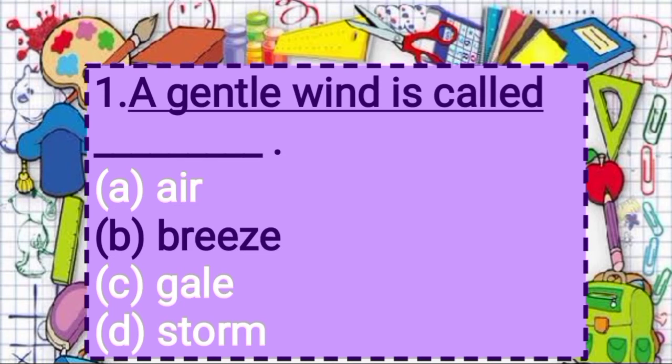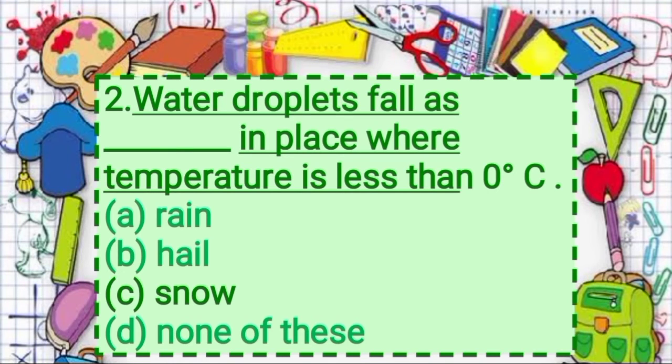Option A, air. Option B, breeze. Option C, gale. Option D, storm. Answer is option B, breeze.